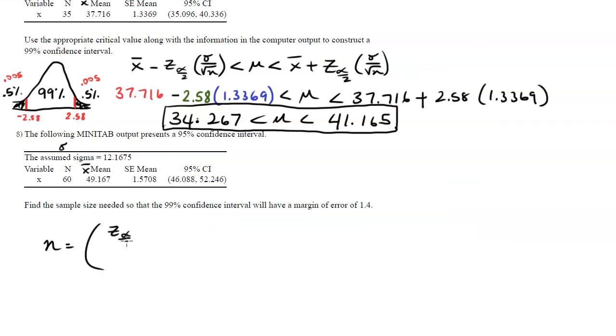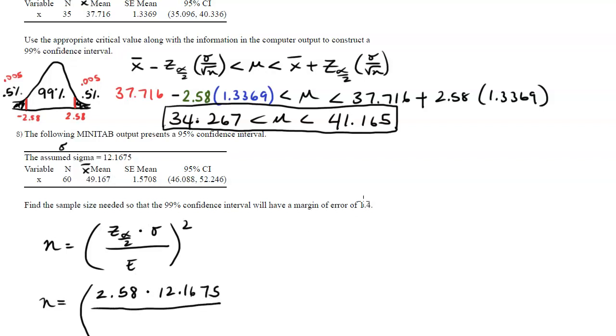And we have all of this information, right? The 99% confidence interval is where we get that Z alpha over 2 value from. And we found that in the last problem. That Z alpha over 2 is 2.58 for a 99% confidence interval. Times sigma, 12.1675 divided by the margin of error, which we're given as 1.4. And all this is being squared.